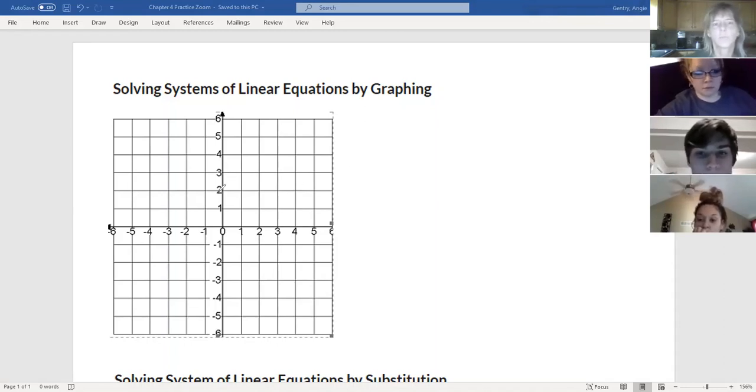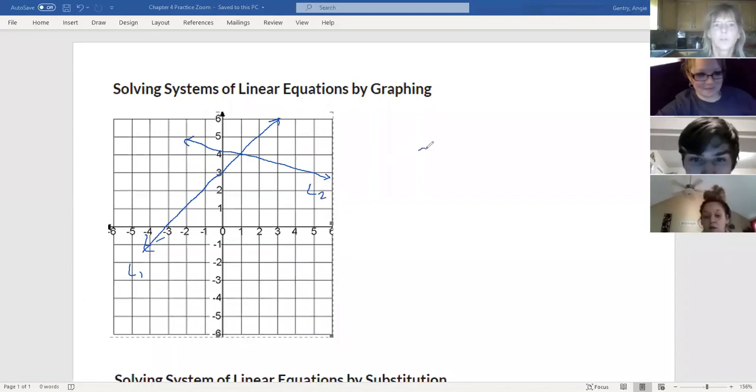Me graphing a line here is going to be really bad, but I'm just going to make this up. Let's say this is line 1, and then you're given another line. They don't have to be perpendicular, but let's say you have another line that looks like this, hopefully straighter than mine, and then you say, what's the solution?